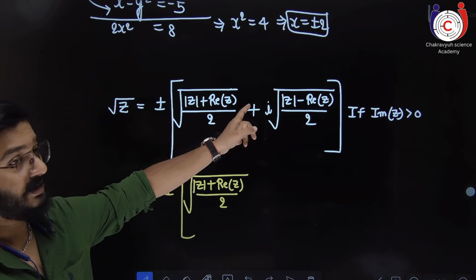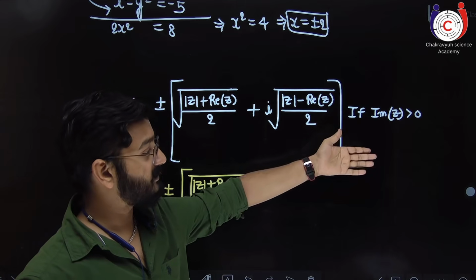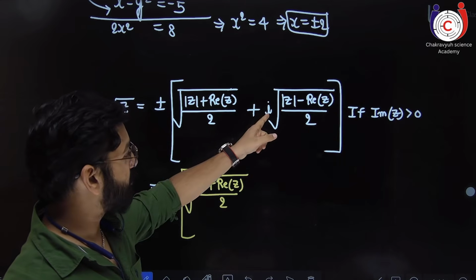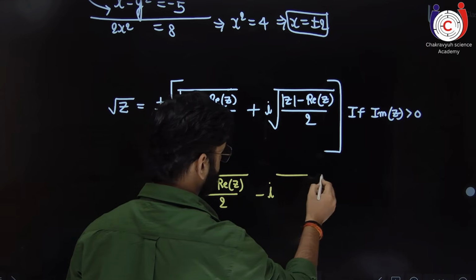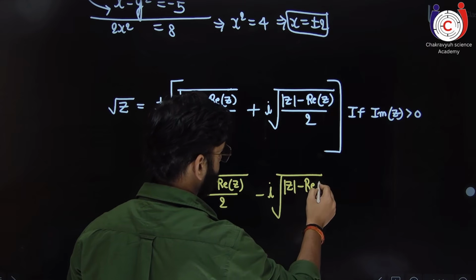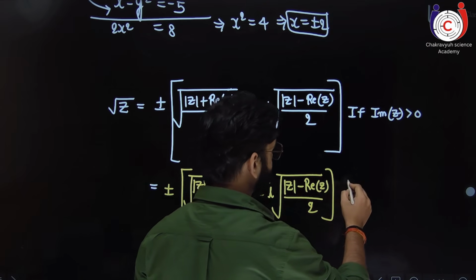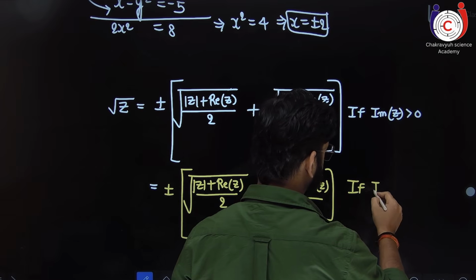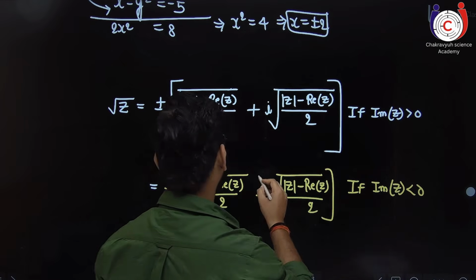Instead of plus iota, this will become minus iota. If the imaginary part of the complex number is negative, this iota will be replaced by minus iota. So this becomes minus iota under root of (mod of z minus the real part of z) by 2. So this is applicable if the imaginary part of the complex number is less than 0.